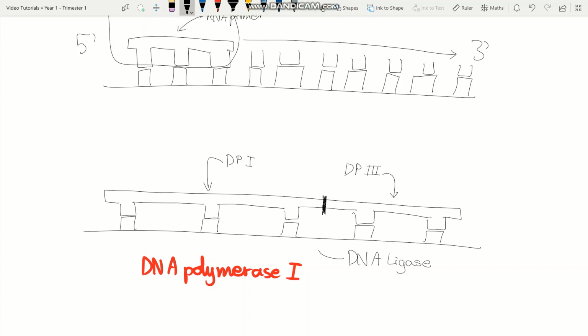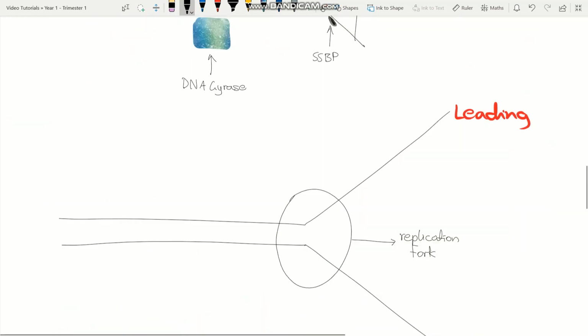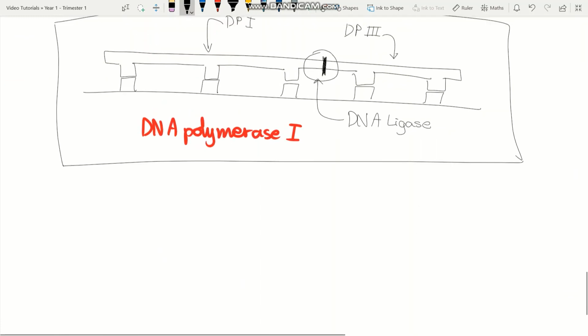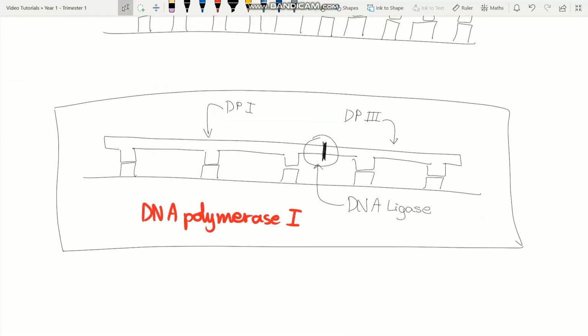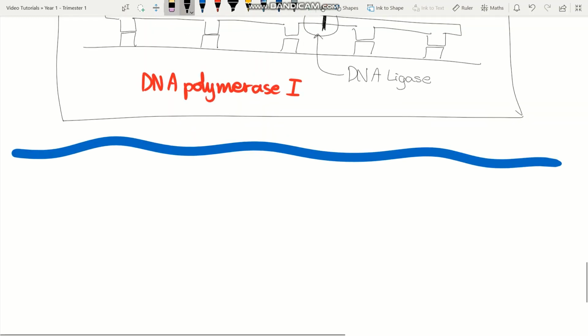And this DNA ligase is able to allow for the fixing of various breakages in the phosphodiester bonds or the sugar phosphate backbone that exists between the nucleotides in order to ensure that the new DNA sequence is as tough and strong as possible. So, this eventually means that after all of this has occurred, the process of DNA replication on the leading strand is complete. However, the process is not as simple on the lagging strand.